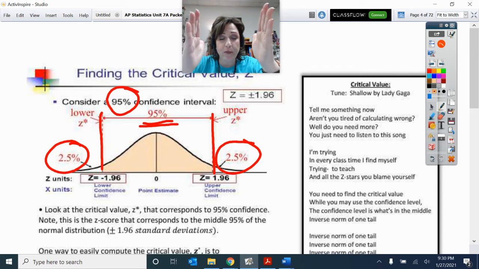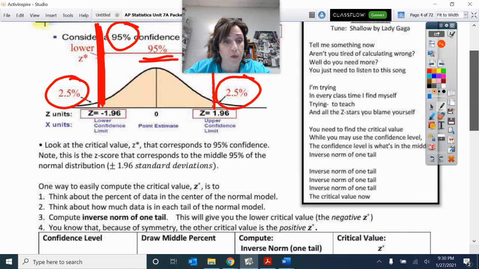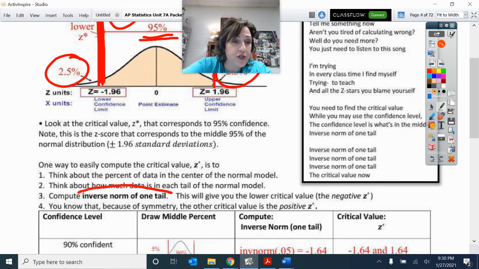So 95% in the middle makes 2.5% on the outside edges. That's how I can compute this critical value right here. I can say, what is this z-score with 2.5% below it? And that is done with inverse norm of one tail.